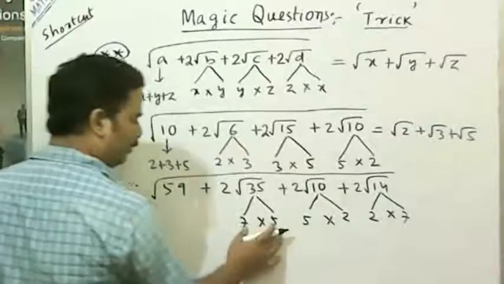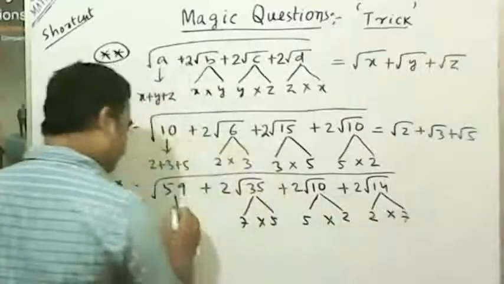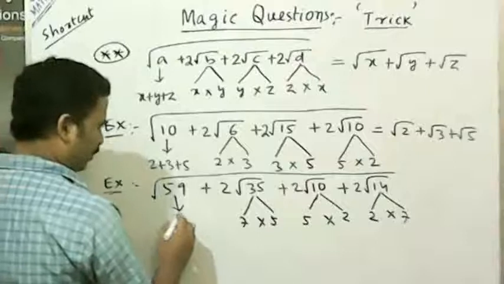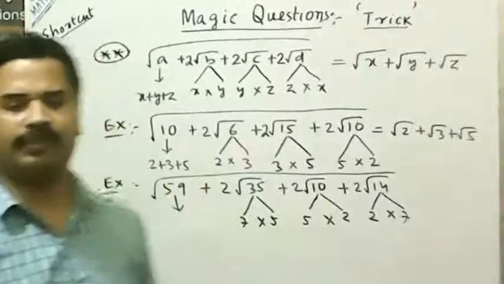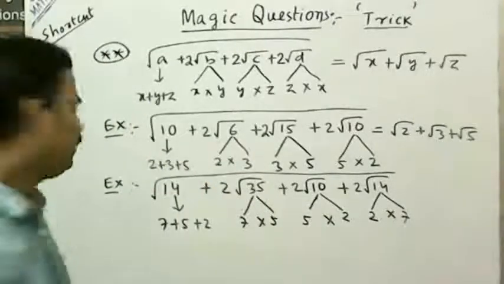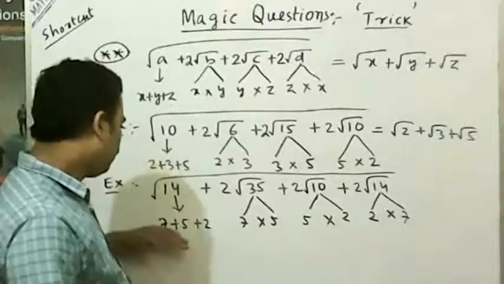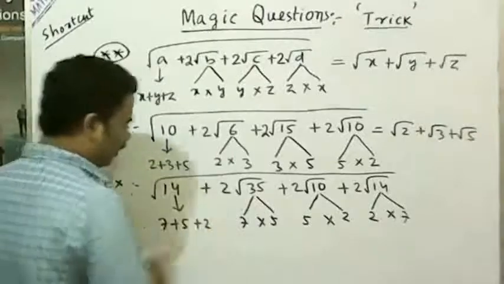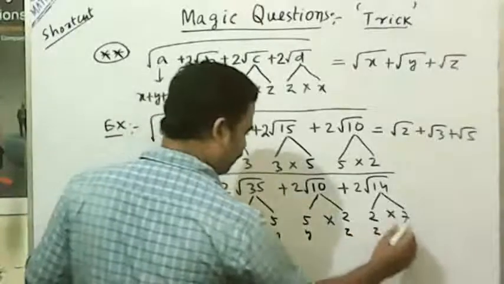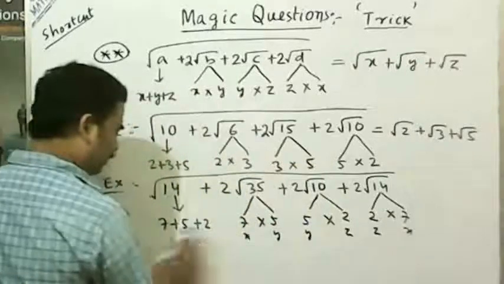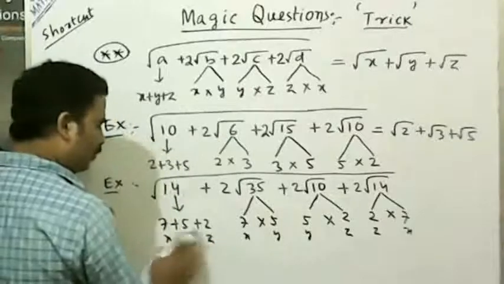So x, y, this is y, this is z, this is z, this is x. So its sum is equal to what? This is not 59, this is 14. Because this is x, this is y, this is z. Then x plus y plus z is 14.